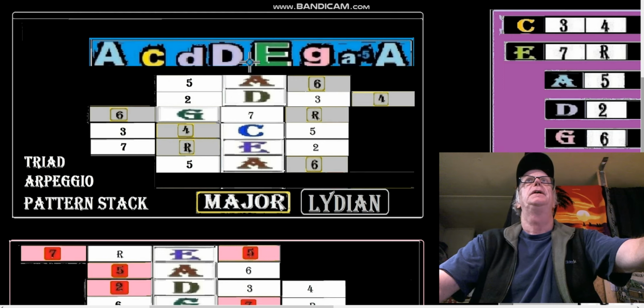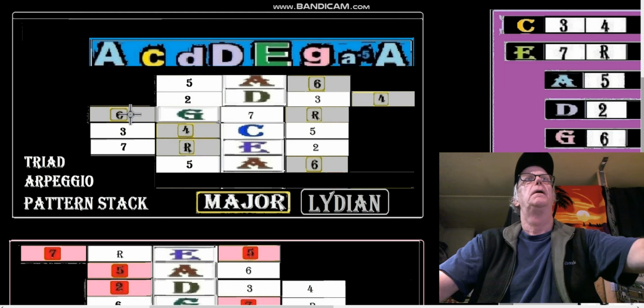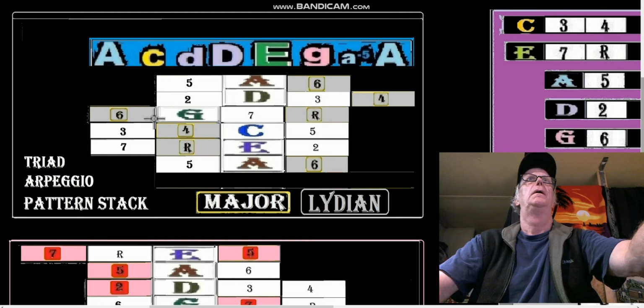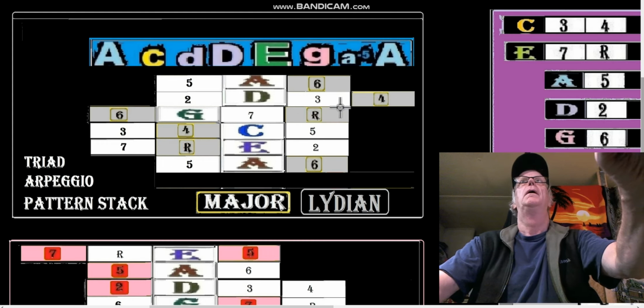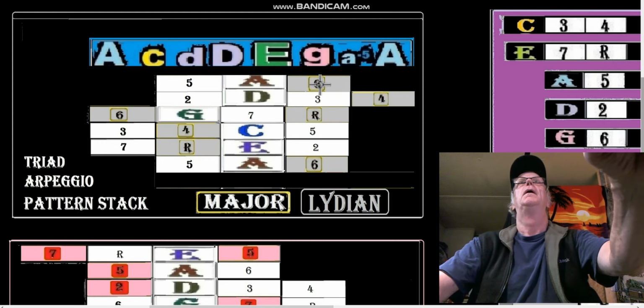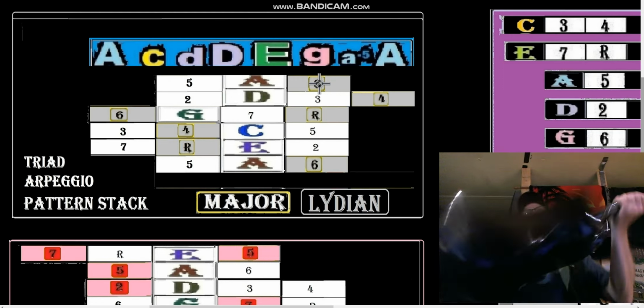The A form Lydian triad arpeggio starts in first inversion. Just like that. Play it on guitar.